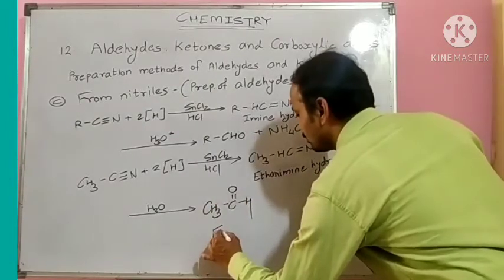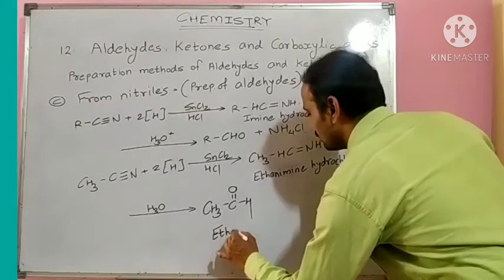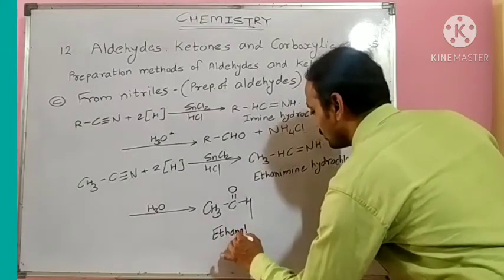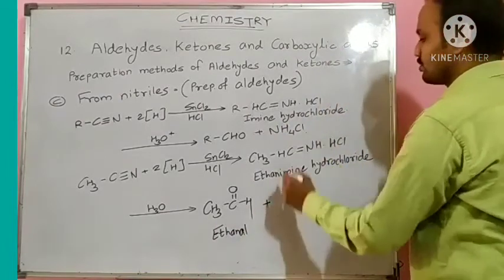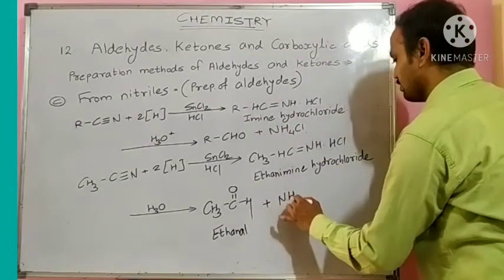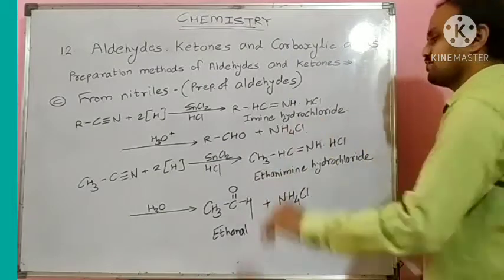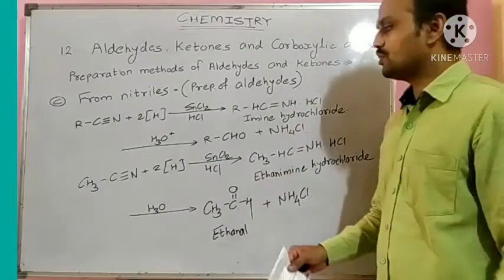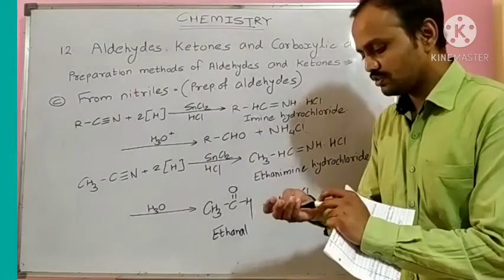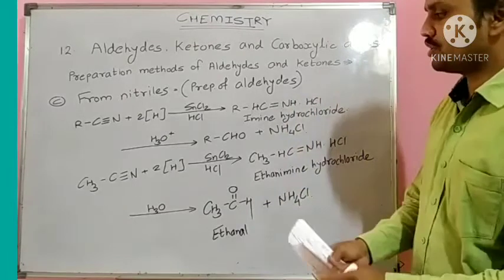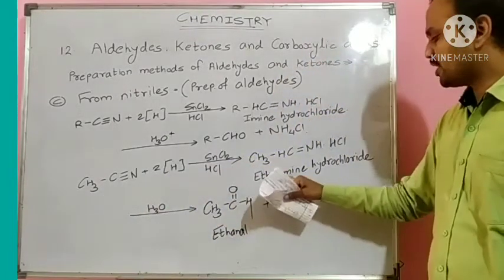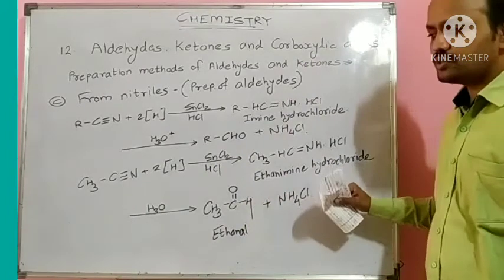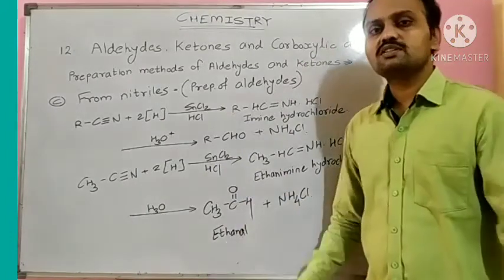The name of this compound will be ethanal, and the byproduct will be NH4Cl. Therefore, in this reaction, we have converted nitrile into imine hydrochloride as intermediate, and the final product is aldehyde.